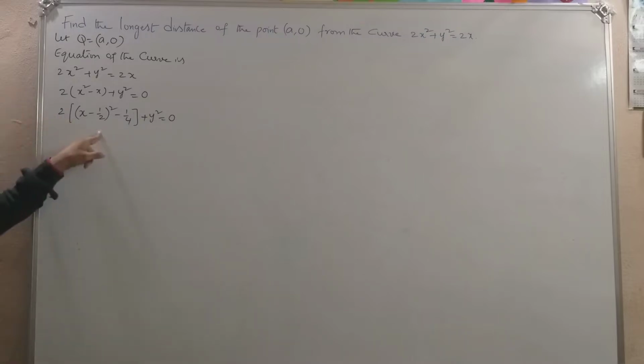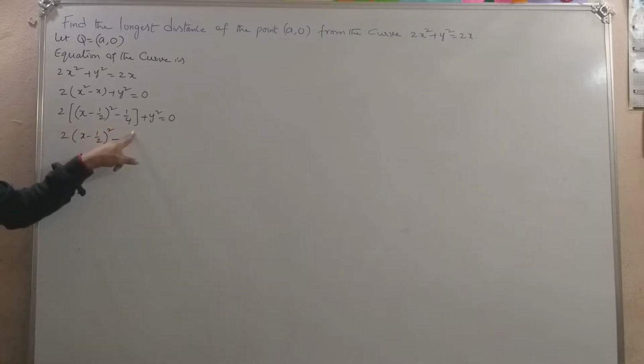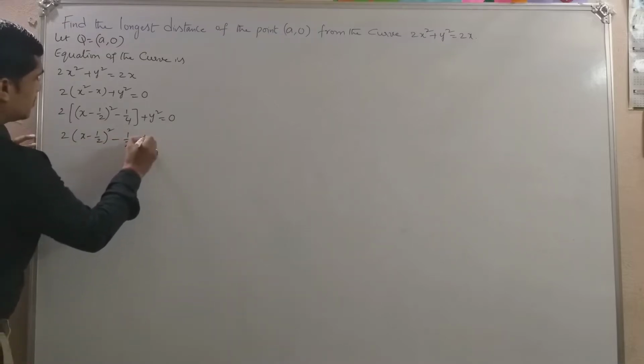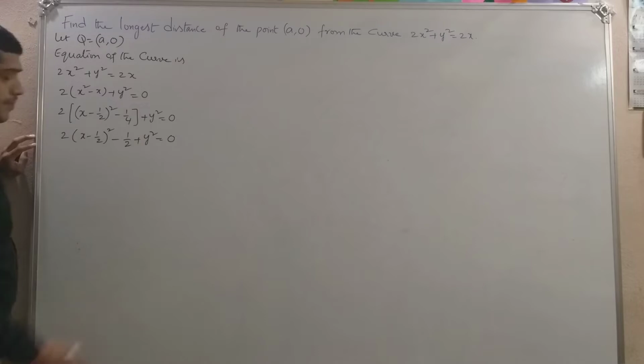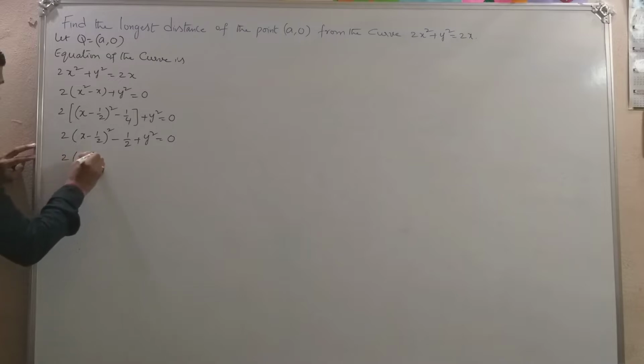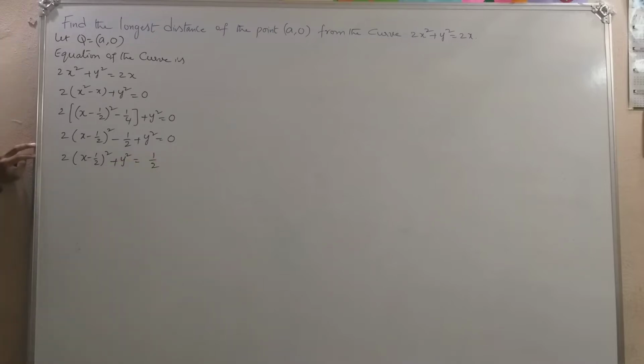Now let me multiply 2 here. Then we will get 2(x − 1/2)² − 2 × 1/4, that is 1/2, minus 1/2, plus y² is equal to 0. Now let me send minus 1/2 to the right-hand side. Then we will get 2(x − 1/2)² + y² is equal to 1/2.